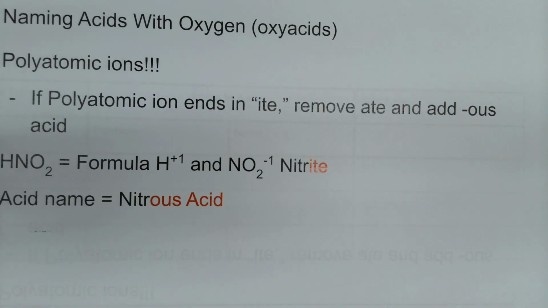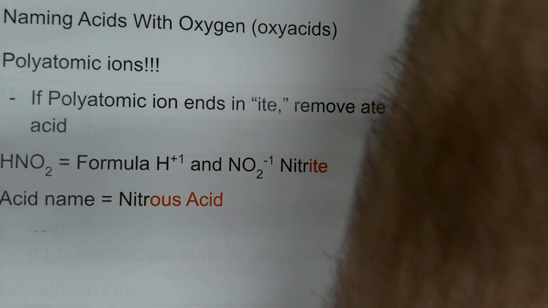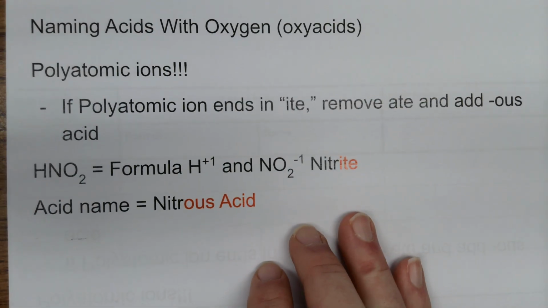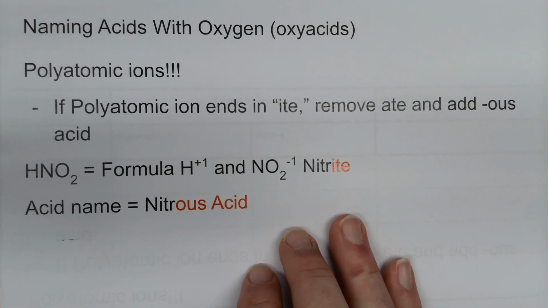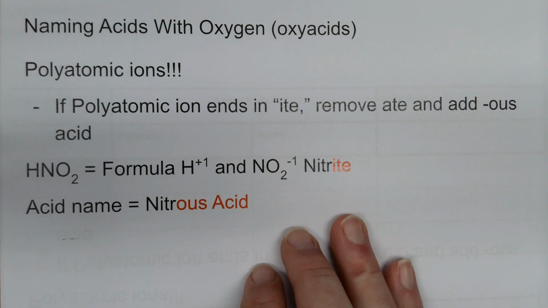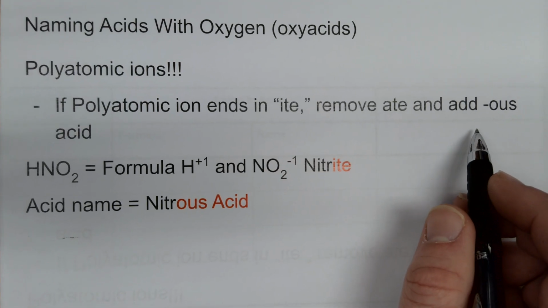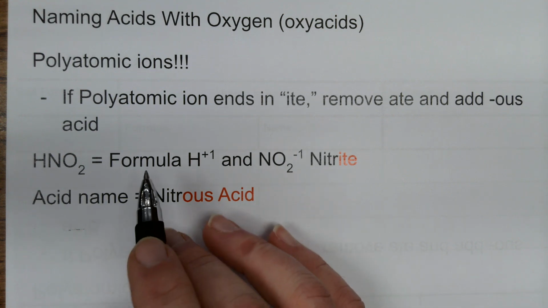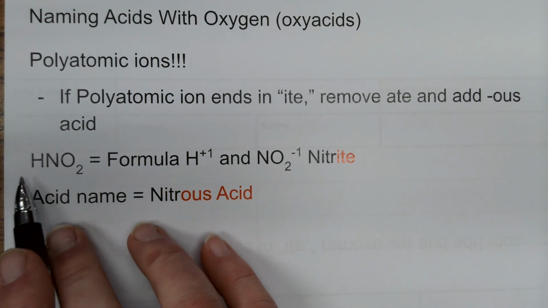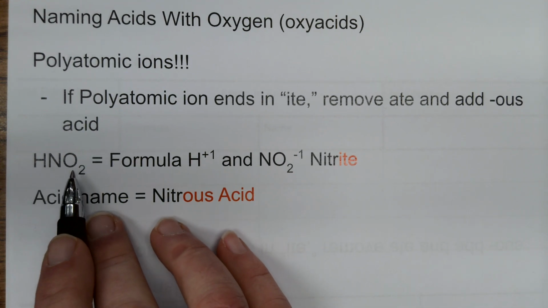All right. Let's talk about when they end with ites. If it ends with ite, I want to remove the ite and add an OUS to it. So my example here is hydrogen with nitrite.